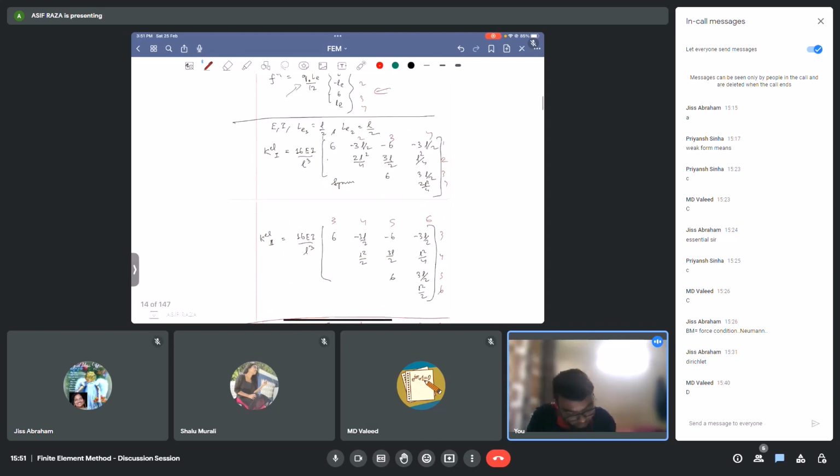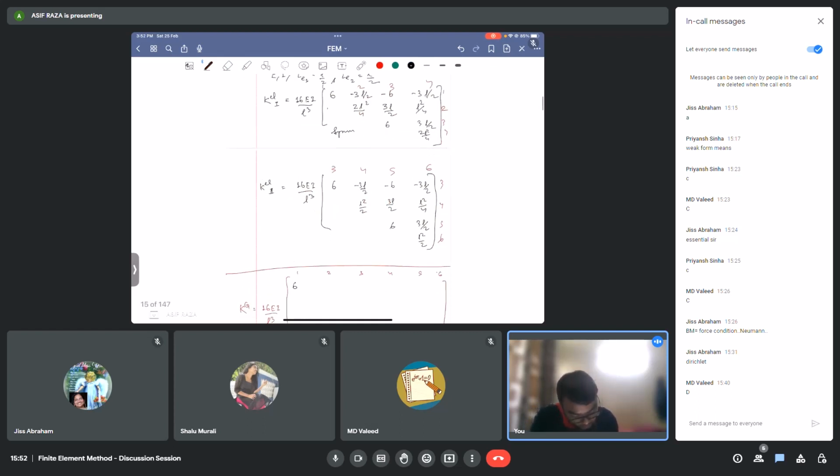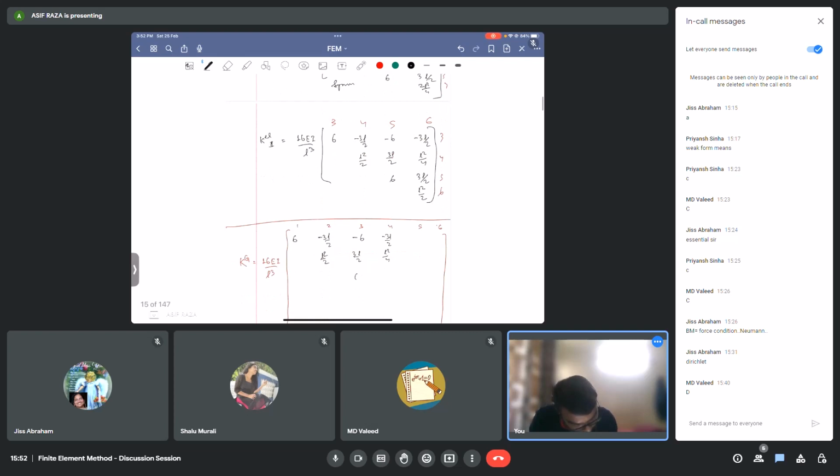It will be equal to 6, minus 6, minus 3L by 2, L squared by 2, 3L by 2, L squared by 4, 6, 3L by 2, L squared by 2.